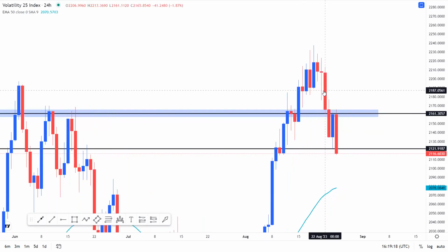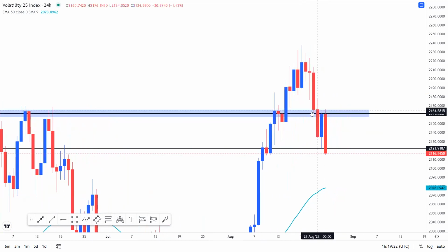And then I noticed some 3 days ago, I came back right into the level, and I was looking to buy from the level, but price did not give me the perfect lower time frame entry confirmations to go long here.